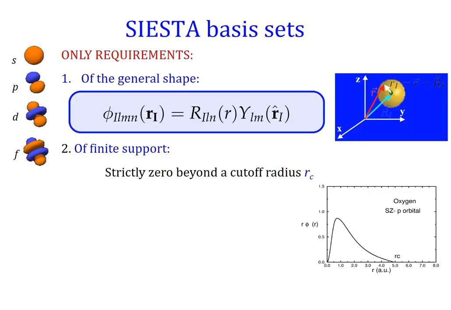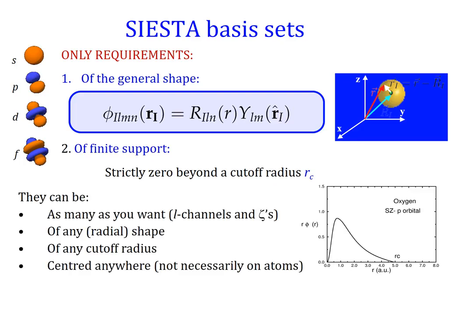So in that sense, the only requirement associated to the SIESTA basis sets is that they are atomic-like, as stated before. You can center them wherever you want, but the only other requirement is that they are of finite support. That means that the wave functions themselves have to be strictly zero beyond some distance from the center you've chosen.